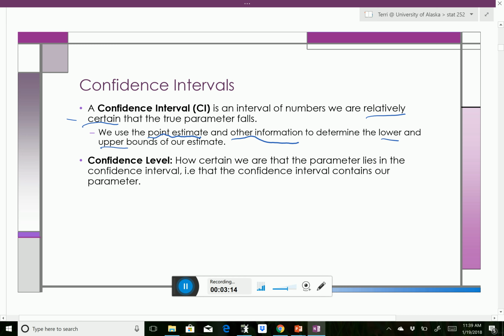I will show you how to figure that out both by hand and using your TI calculators. So confidence level, that's going to be how certain we are that the parameter lies. That's our relatively certain. We're actually going to have a number associated with that, and that's going to be our confidence level.